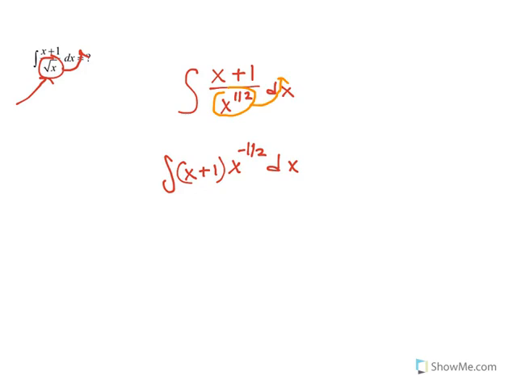So we want to have separate terms and not have a product to deal with. So we can distribute that through. So if we do x to the first, we have a power of 1 there, multiplied by x to the negative 1/2. If you're multiplying powers of a common base, you want to add the exponents. So that's going to leave us with a 1 plus that negative 1/2 power, so x to the positive 1/2.